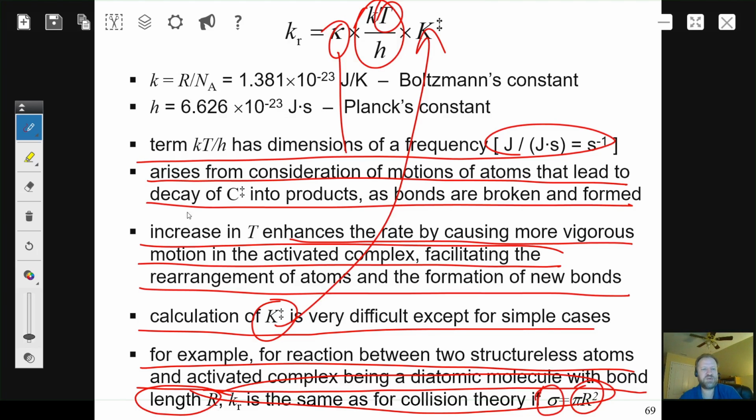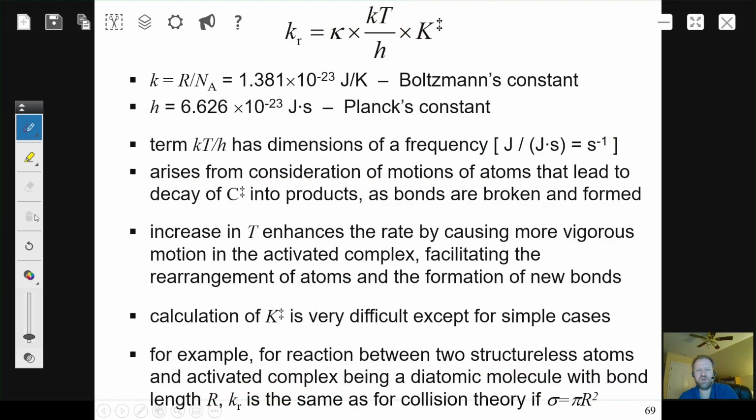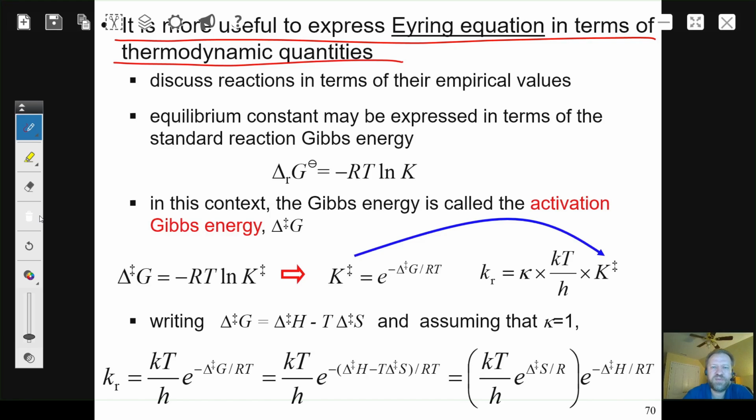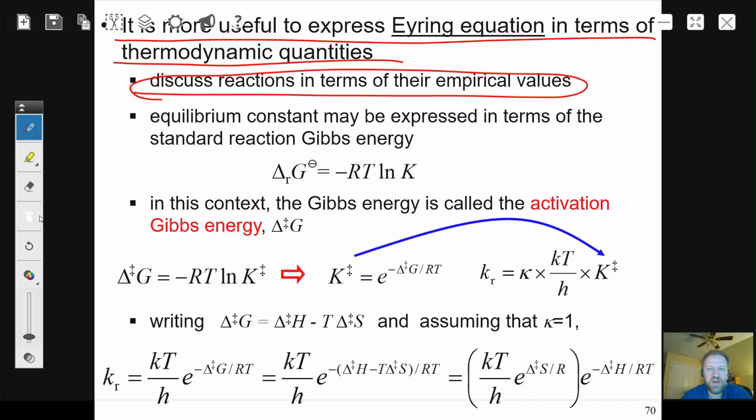So here we actually have some agreement between transition state theory and collision theory. However, it is more useful to express the Eyring equation in terms of thermodynamic quantities, okay? Because those are easier to determine than individual molecular events.